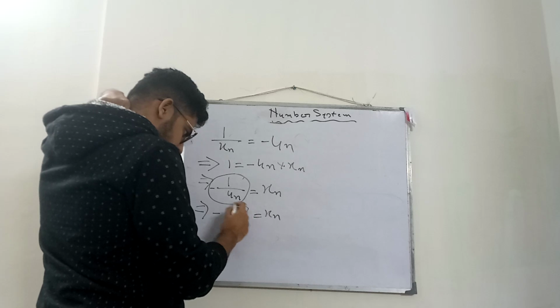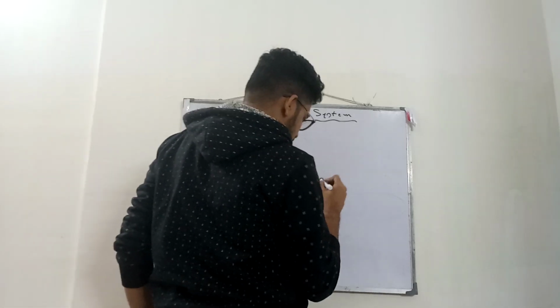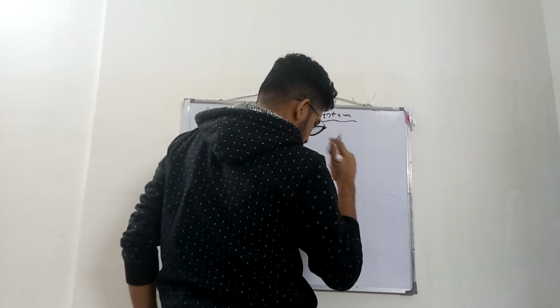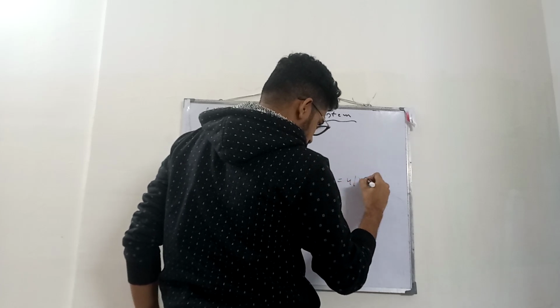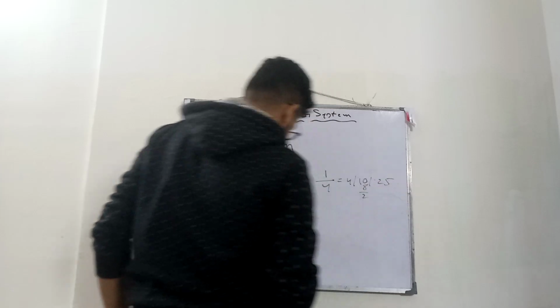Here this value 1 upon 4 means what? 1 upon 4 means 0.25.